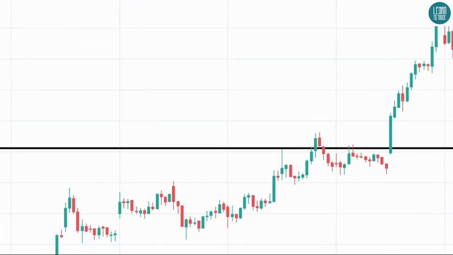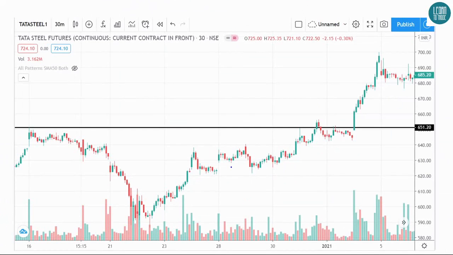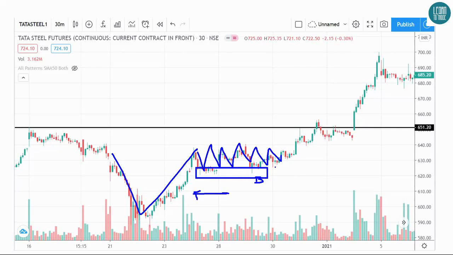Because try to understand, everything is in favor of buyers. A V-shaped recovery from the buyers, and the market went into a sideways mode. We have also got an exhaustion here, and slowly, steadily price is moving towards upside. When price makes a breakout, the candle formation is bullish, volumes are also increasing, and price crosses above the breakout candle.